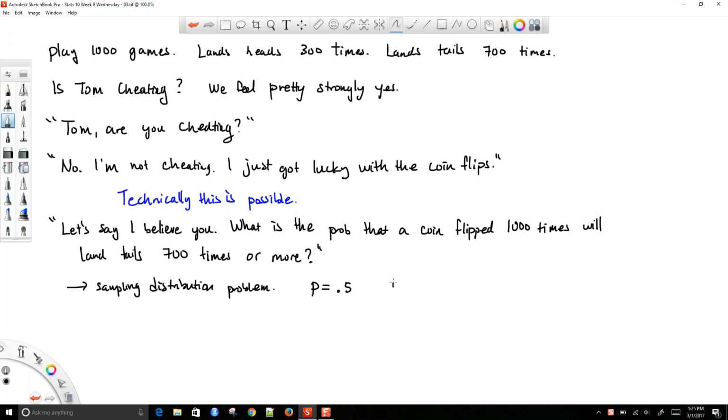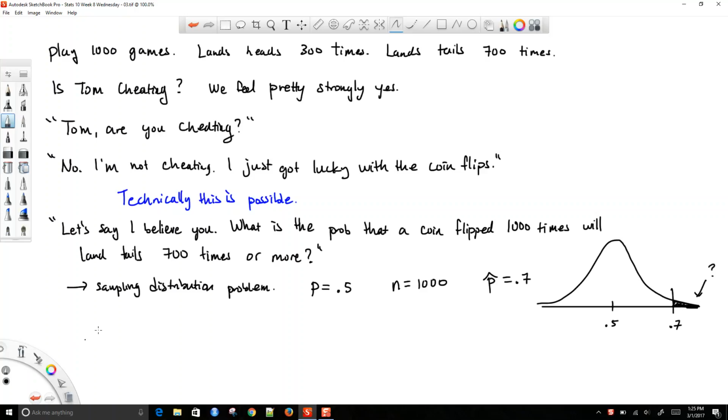We're going to take 1,000 coin flips, and our p hat is 0.7. If we're expecting it to be around 0.5, what's the probability that we get 0.7 or more? This is what we want to know.